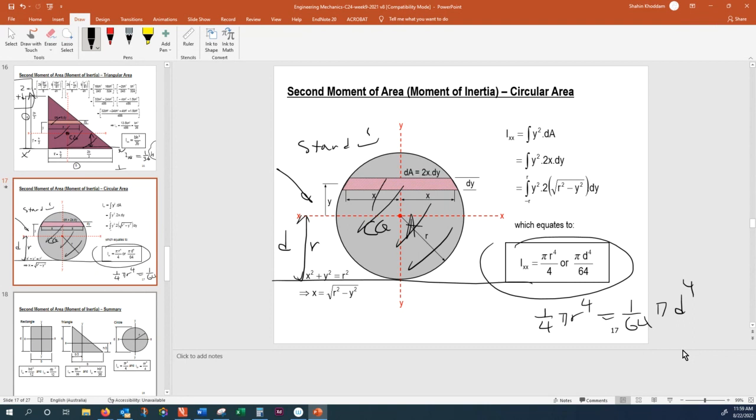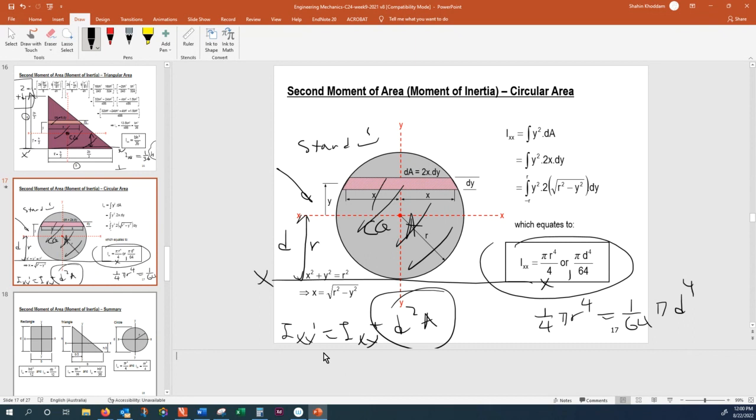You need to know this is the area, and this is x prime, x prime. So I x prime is I xx plus d squared A. That is the penalty term. So in the exam, you will be provided with the standard value. And if for some reason you don't need the standard one, you need the non-standard one, that is how you can cook it for yourself. Okay, so far, does that make sense?